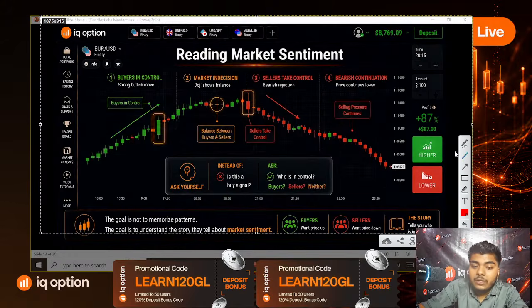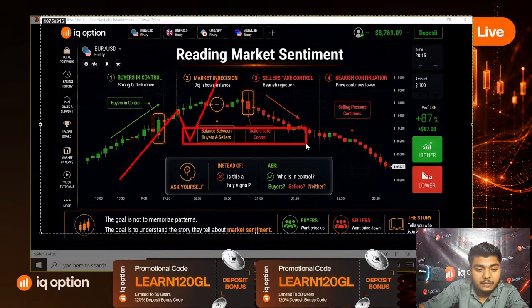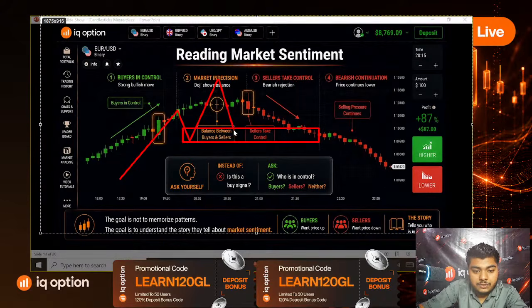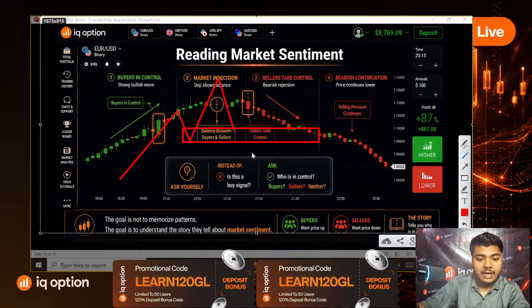This is an uptrend, and you draw a support area here, because an uptrend means control of buyers. In the trend of buyers, if you draw a support area, that simply makes your trading setups ten times better.